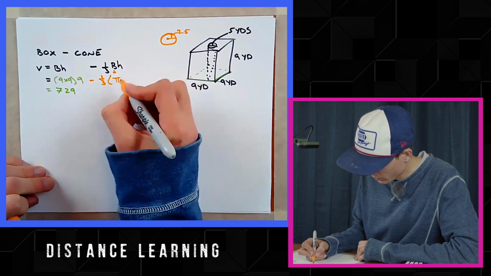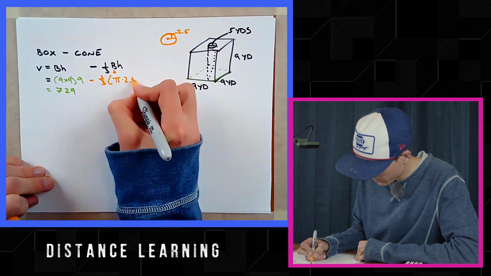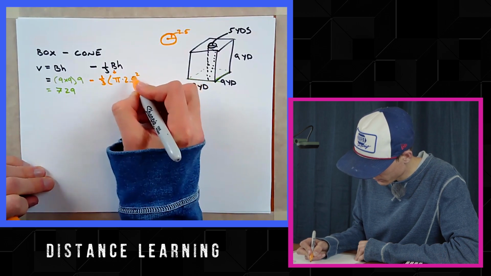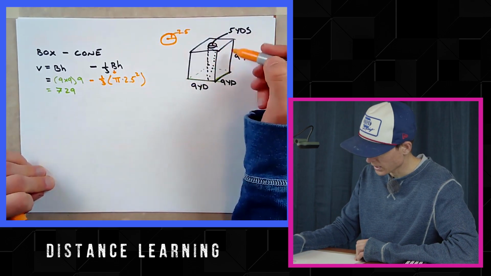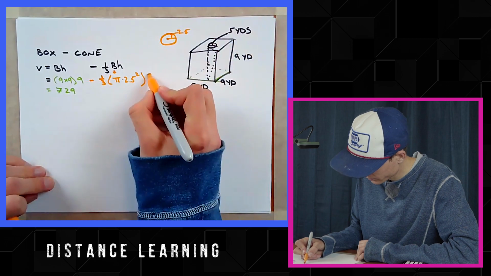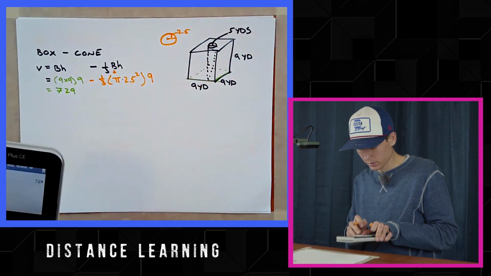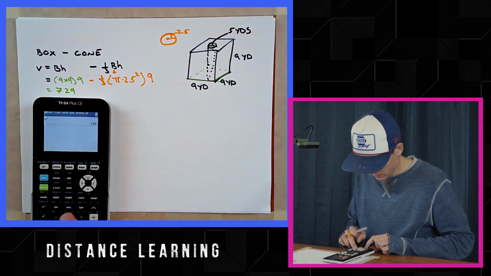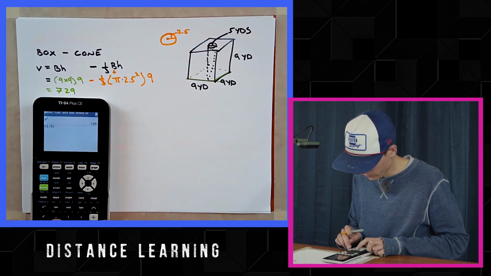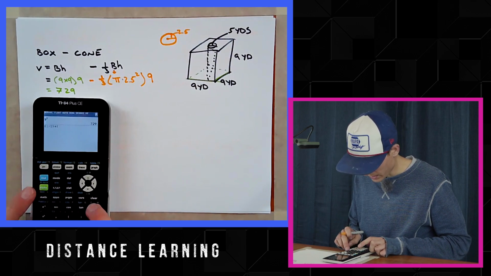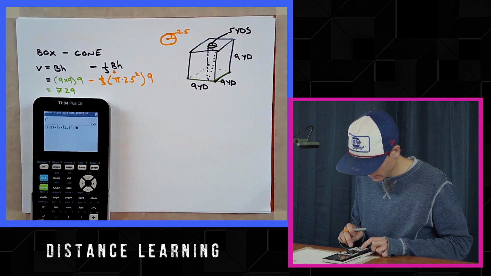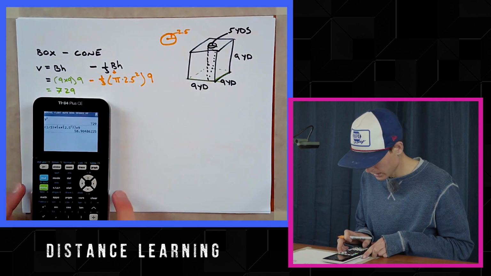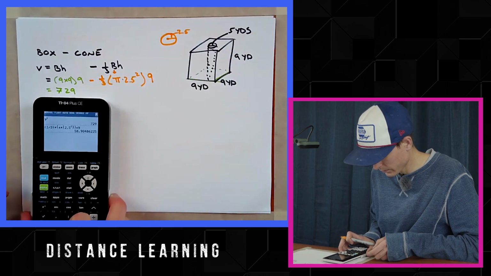Pi times radius squared, 2.5 squared. And what's the height of the cone? It's the same height as this box, 9. So if I do 1/3, again, parentheses are your friend, times pi times 2.5 squared times 9, I get that ugly mess.